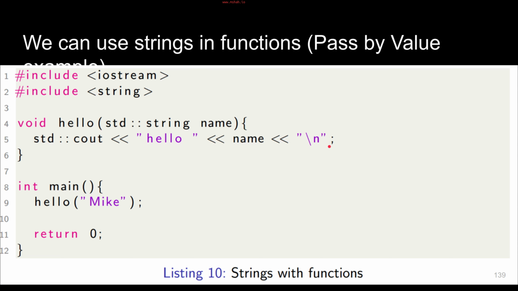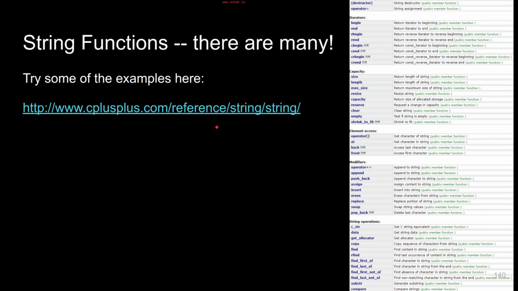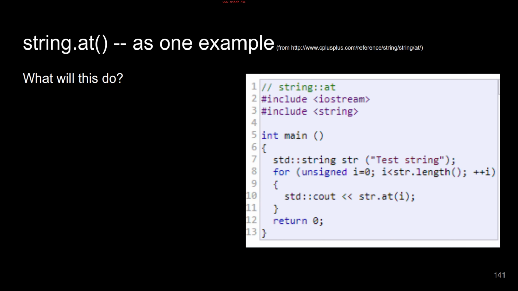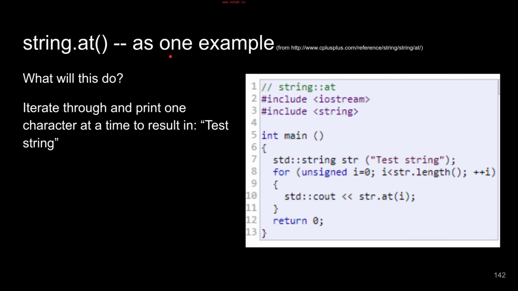I can use strings in functions and so on. And cplusplus.com is a pretty good reference website, both for the C++ tutorial and to show the different member functions available to the different data types built into the standard library. Here's an add function if you want to get a specific character at a place, and so on.